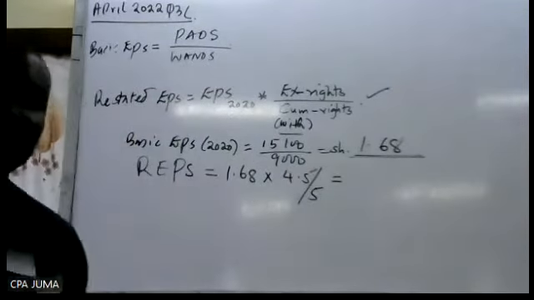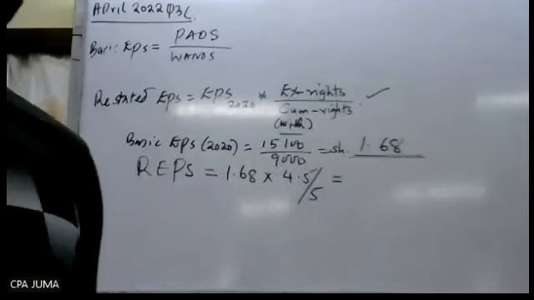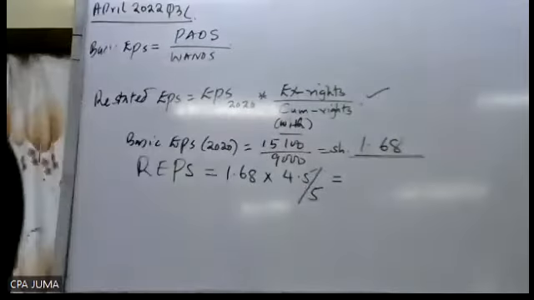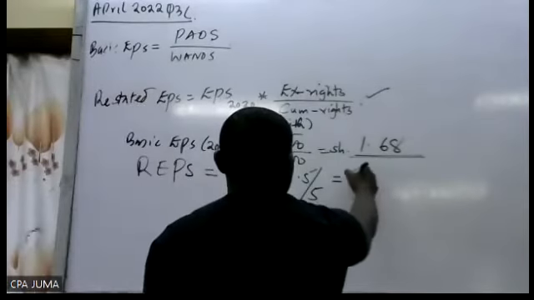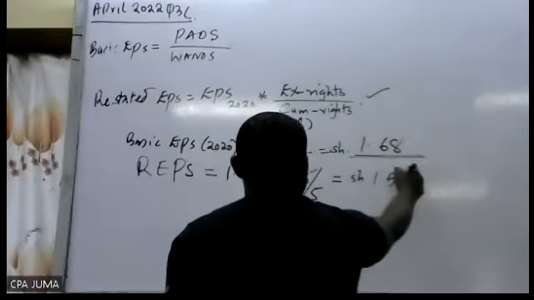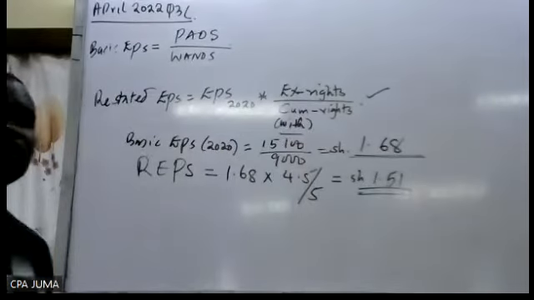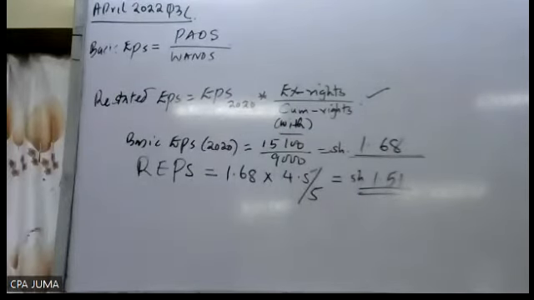So how much is the restated EPS? 1.51. So shillings 1.51. Which year is better, 2020 or 2021, if that is the basis of making judgments? Yes, 2020 is better. Because if we carried that forward it would be 1.51.